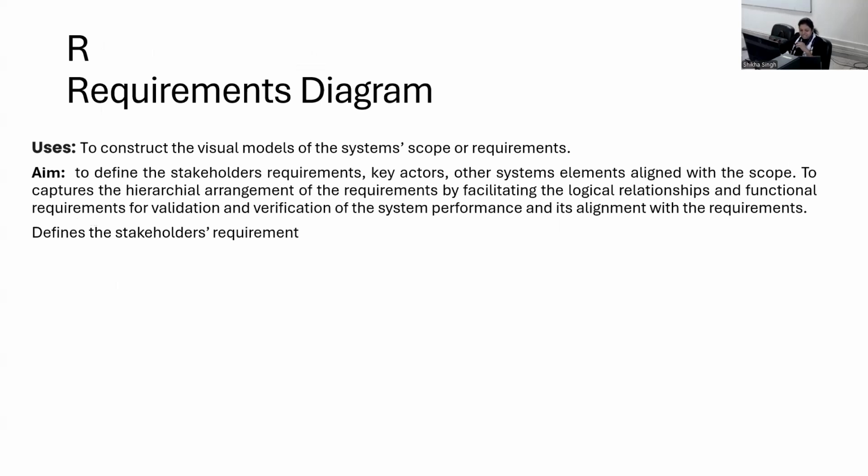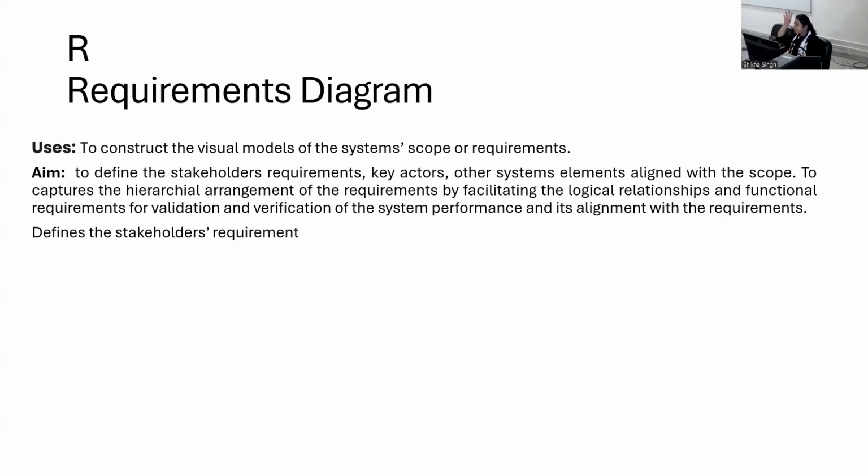Requirements diagram is basically, as I already told, just the stakeholders' requirements, who are the key users, key actors, and users means those who are using the system. Usually people get confused that we are saying key actors, so the production people and these people are also the, no, they are not part of it. The key actors are basically the users, or you can say the stakeholders.